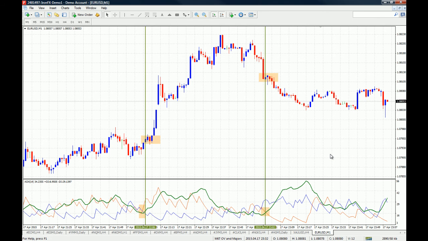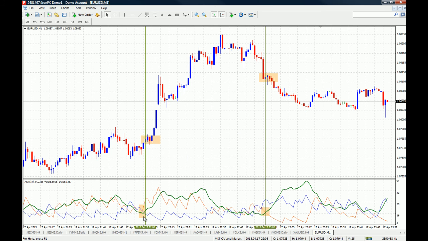You can see that the ADX doesn't give you exact entries at the top or the bottom, but that is because this is like any other indicator, a lagging indicator, and needs to be used within a trading system. But this is basically how you're going to be using the ADX to know how strong the trend you are riding is.